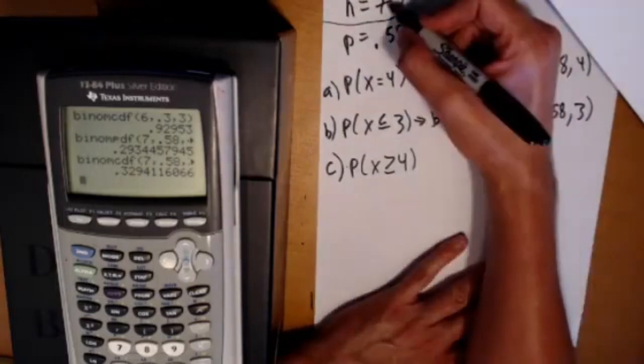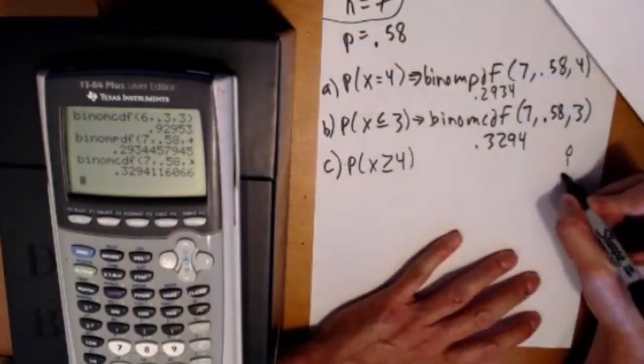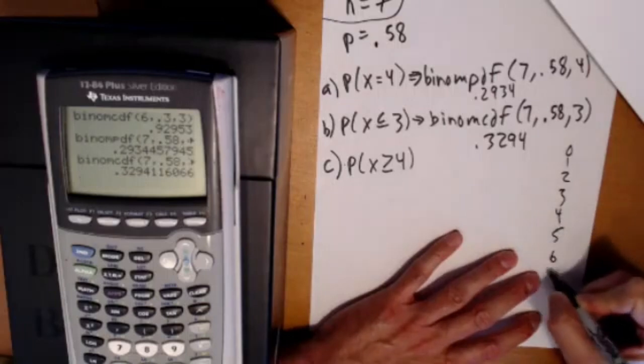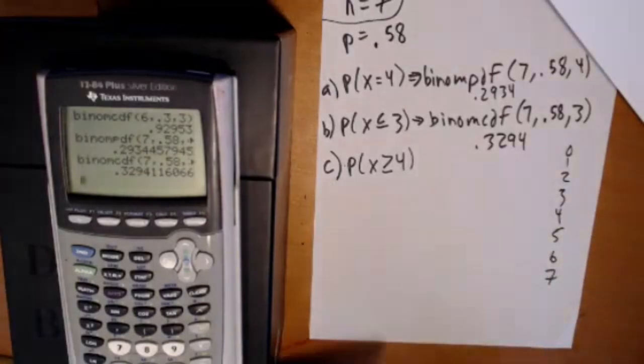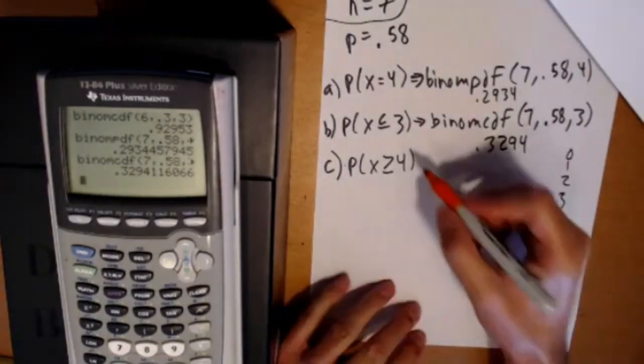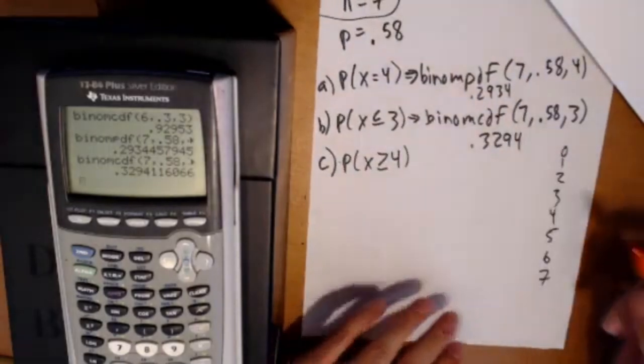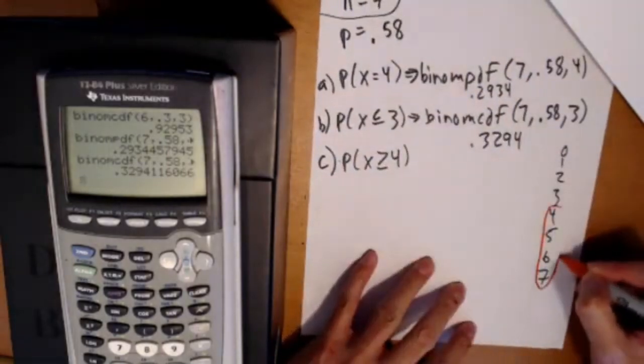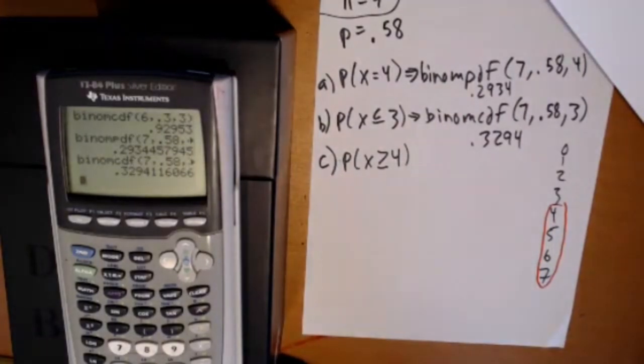So there's 8 situations: 0, 1, 2, 3, 4, 5, 6, 7. I like to write this all out, and then what does it mean to be 4 or more? That includes 4. So now, how are we going to do this? A couple ways you can get the right answer.